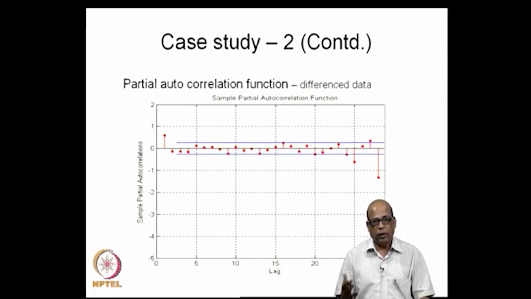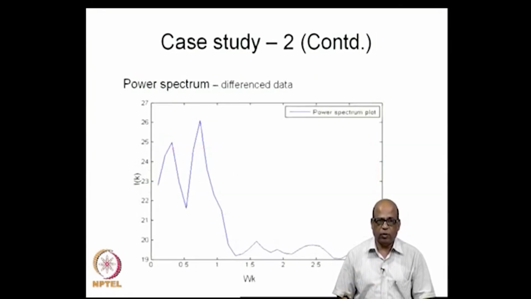So, by differencing, essentially you change the nature of the information content in the data. You remove the trend, and because you removed the trend, the correlogram behaved in a different fashion, and the partial autocorrelation function behaved in a different fashion. And now, look at the power spectrum.